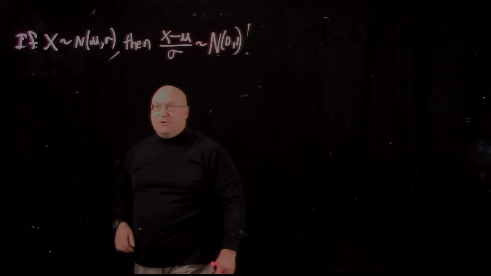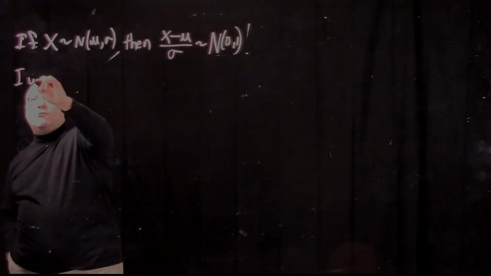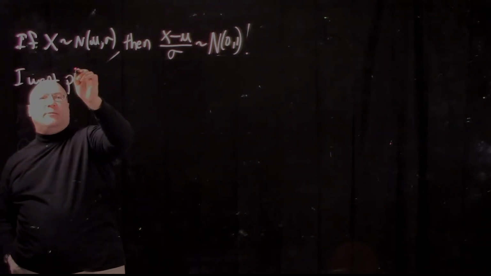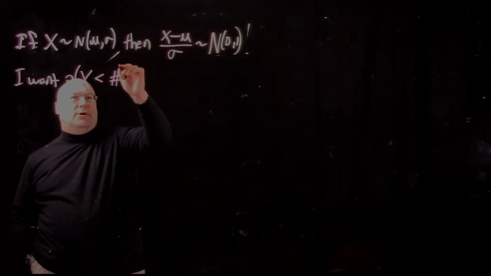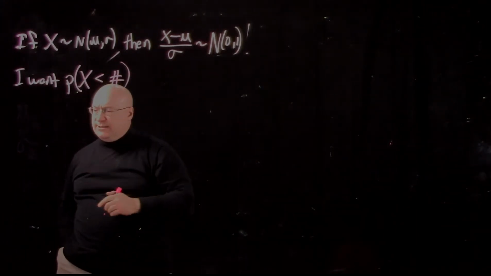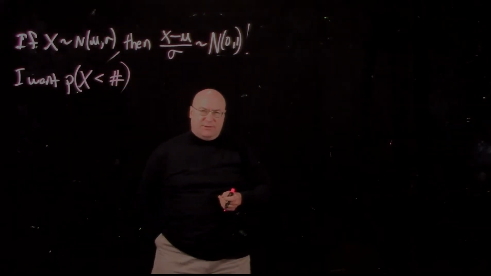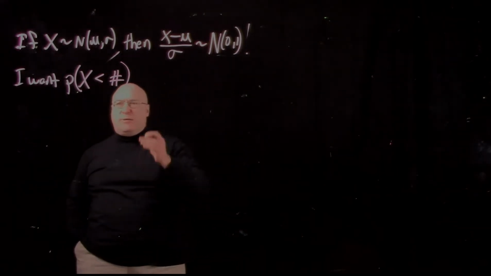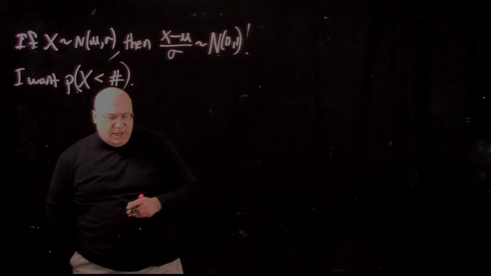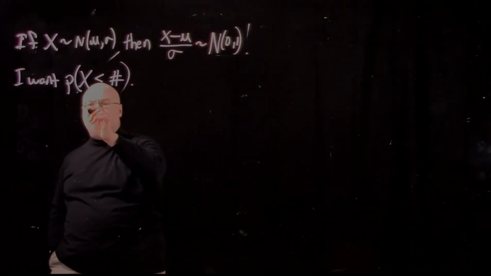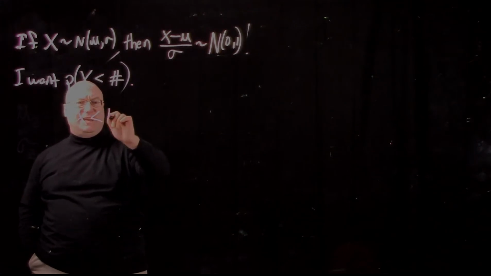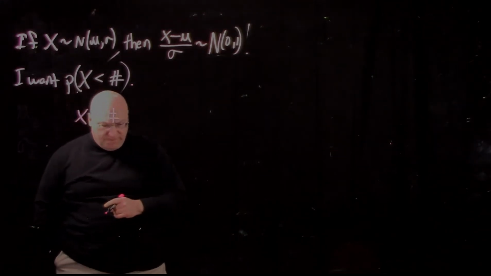So suppose I want the probability that x is less than some number. I debated what to call that symbol, but I'm just going to use the generic sign for a number there. I want the probability that x is less than some number. Let me think of the event x less than that number.